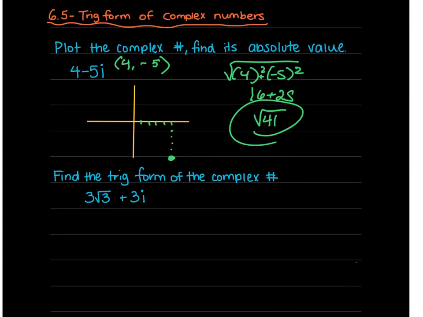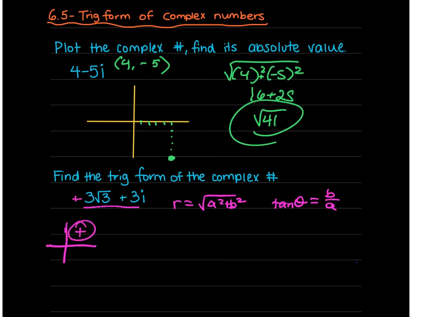And then trig form of the complex number. Again, you've got to find the radius, which is the square root of a squared plus b squared. And then the tangent of theta would be b over a. You'll do the inverse tangent to find the angle. But you also want to plot it to get an idea of where it is. Because root 3 is actually an approximation, all I'm really worried about is that this is a positive and a positive.